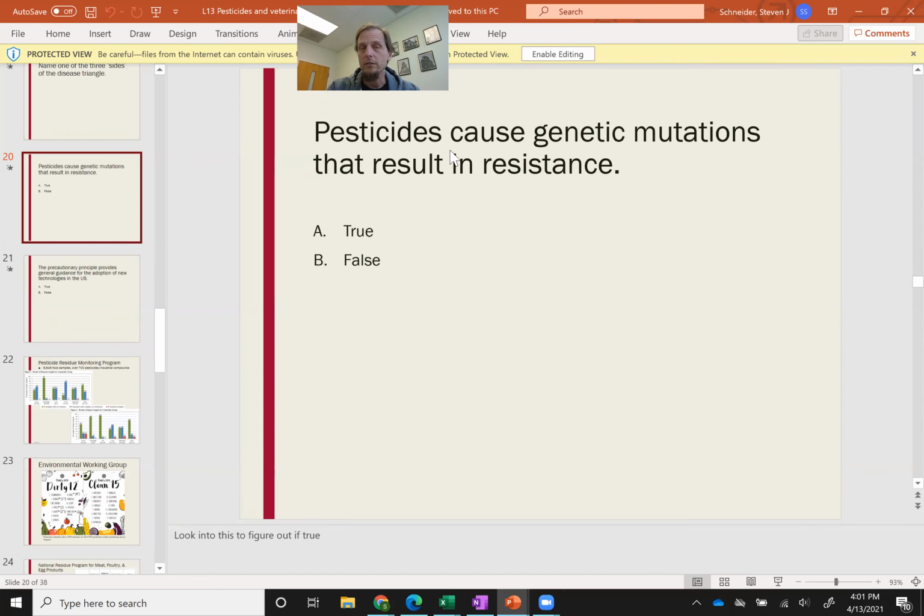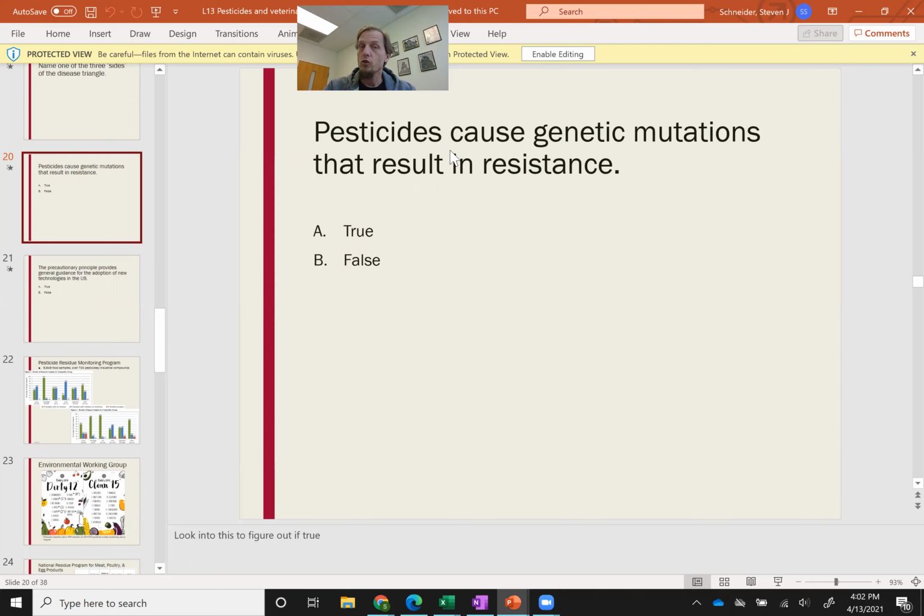Resistance arises, and hopefully I mentioned this in lecture, when just a few in the population happen to have genes, or a variant of the genes, that allow them to survive the pesticide. In other words, the pesticide didn't kill them, but you wiped out enough to have a healthy crop. But those few that were resistant will still live, and they'll reproduce, and in time that population will grow.